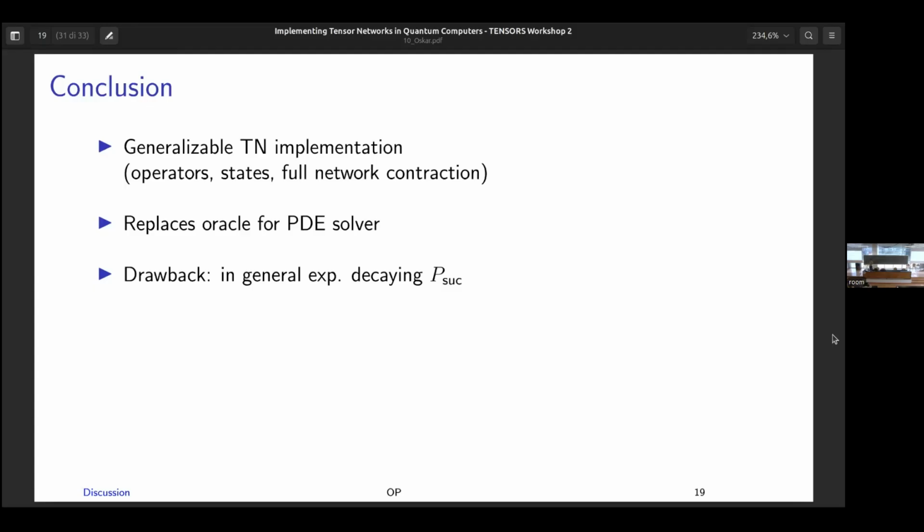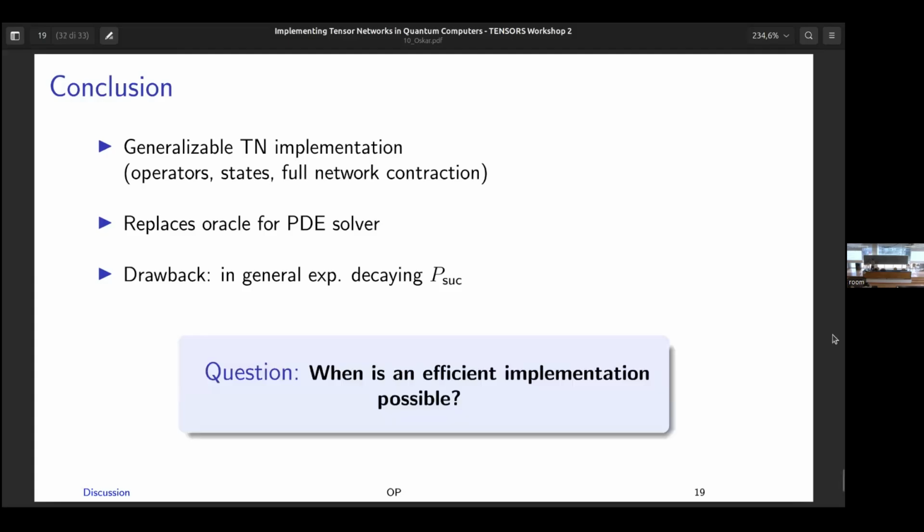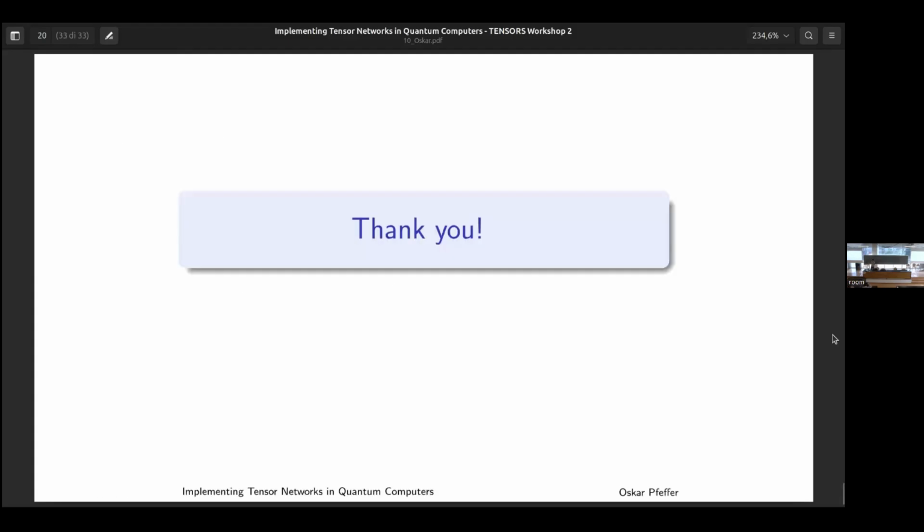This gives a real construction. The only problem that this algorithm has is that in the general case, the success probability is exponentially decaying. And now the open question is, for which tensor networks and for which tensor network operators is an efficient implementation possible? So thank you.